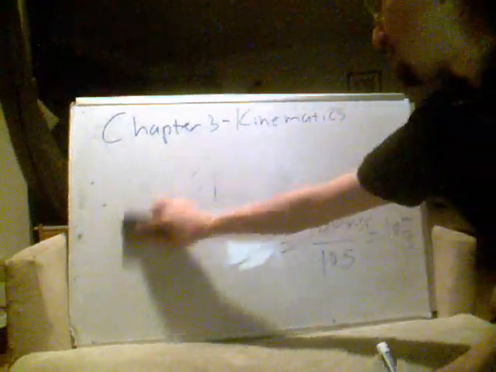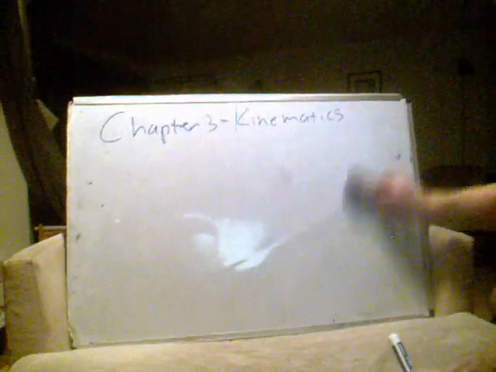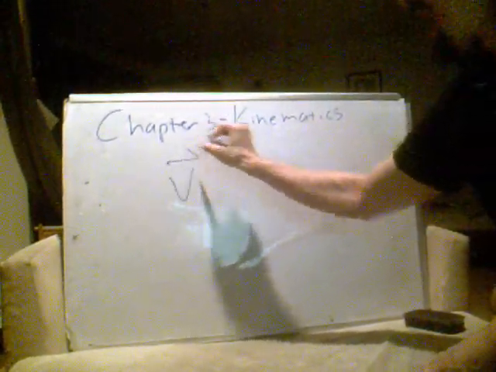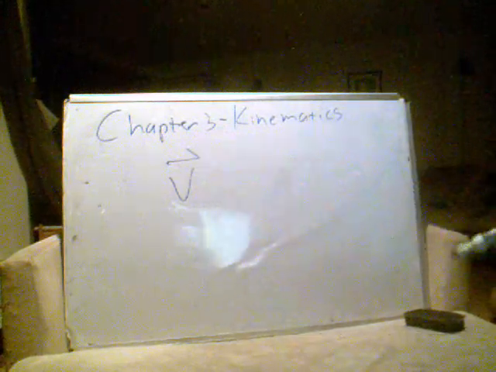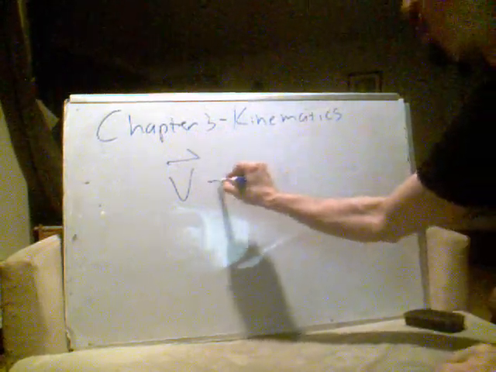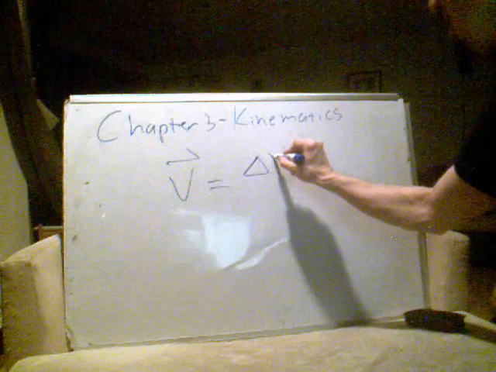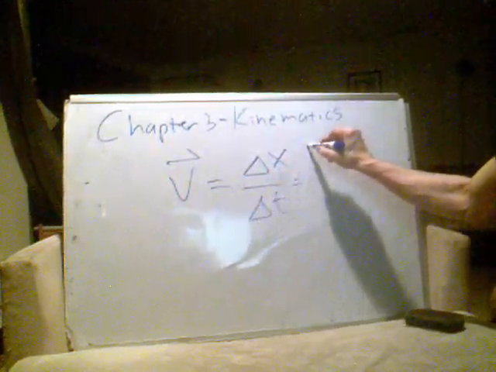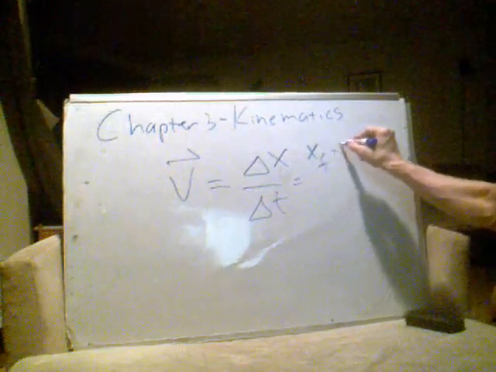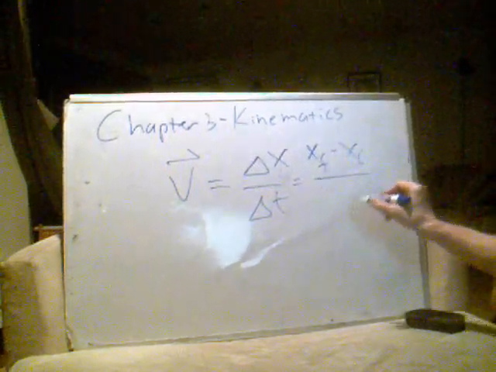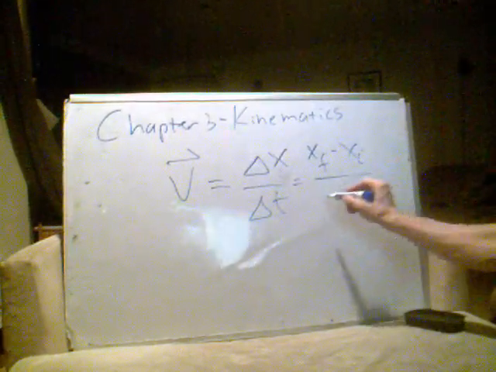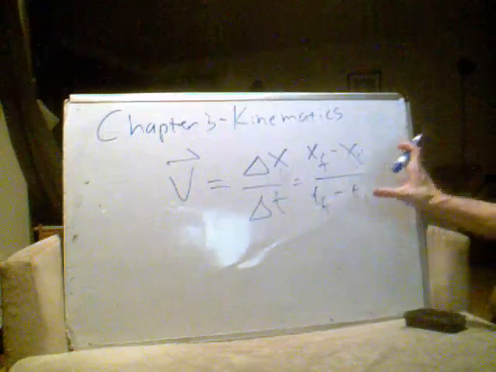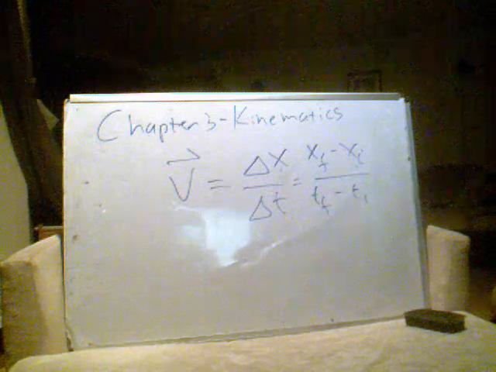And sometimes you write vectors with a hat over the velocity to show that it's a vector. So we're going to say that velocity is change in position divided by change in time. That's your final position minus your initial position divided by your change in time, which is your final time minus your initial time.